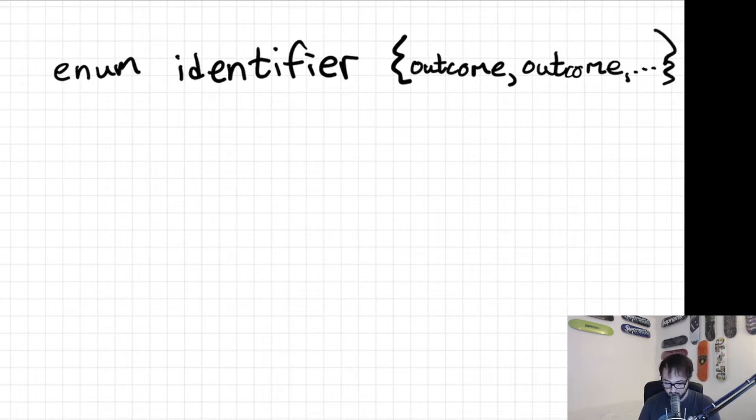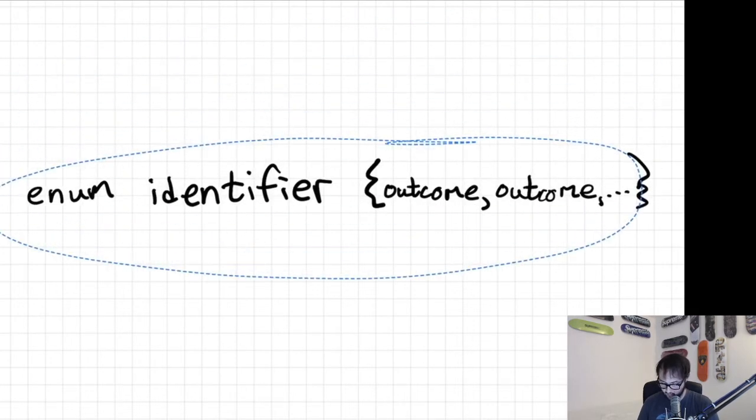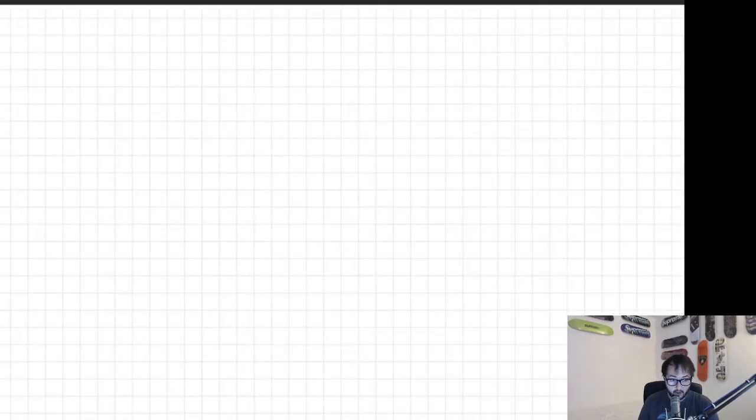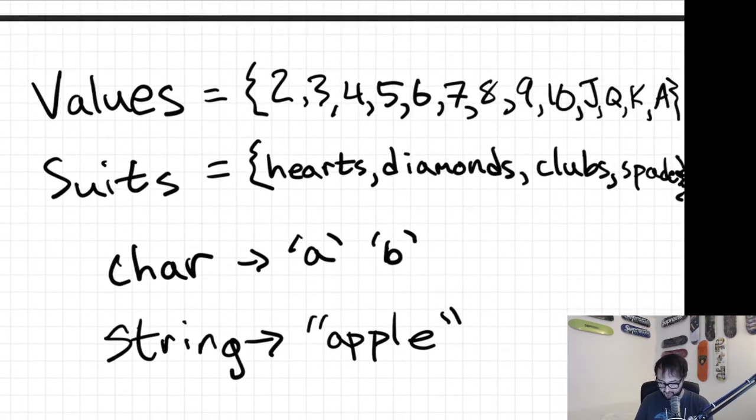So how could we do this for our previous examples? For that previous example up here, we had values.